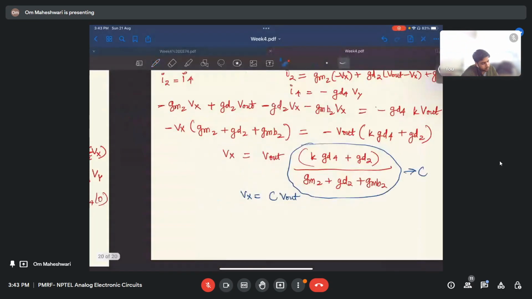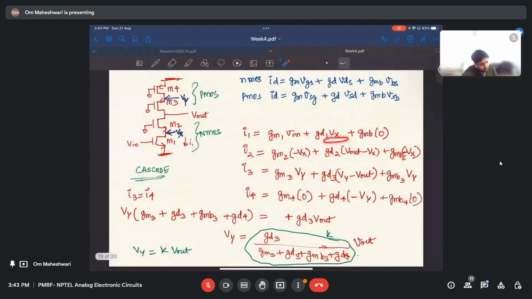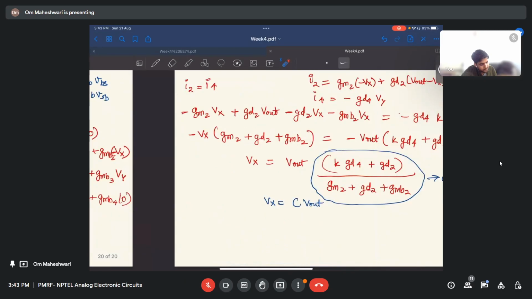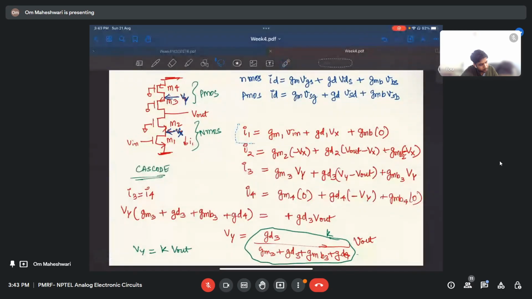So now we know Vx in terms of V out also. So we will equate these two equations to find V in versus V out relation. Add a page and copy this equation.